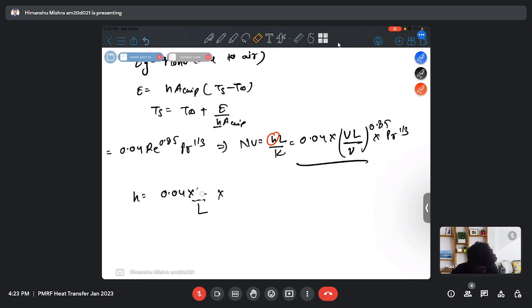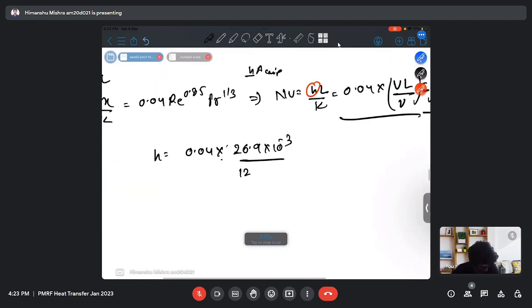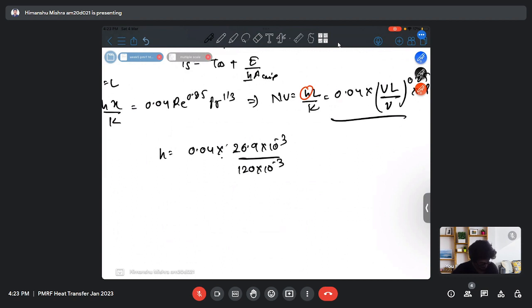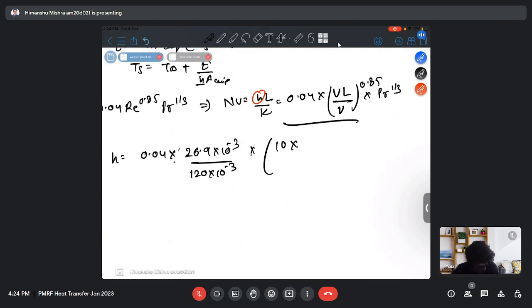So let me just plug in all the values. This is my thermal conductivity, and my length is given as 120 mm. Velocity is 10, and my kinematic viscosity is 16.69 × 10^-6, and my Prandtl number for the gas is 0.703.